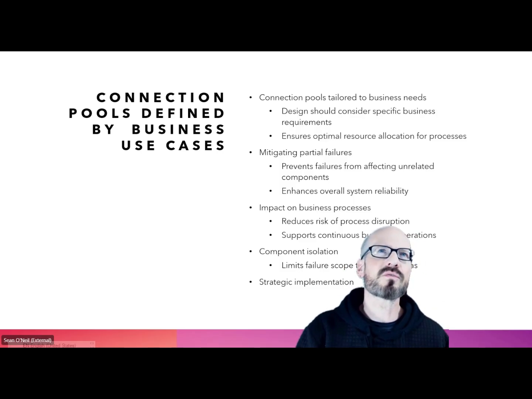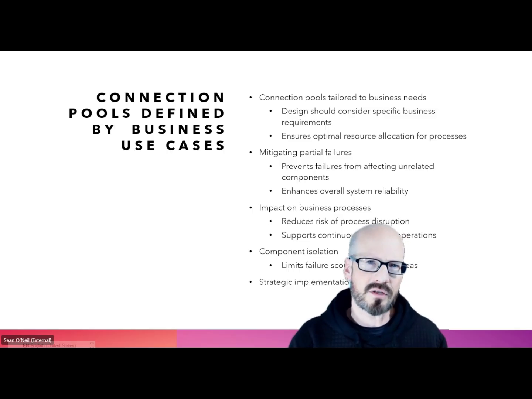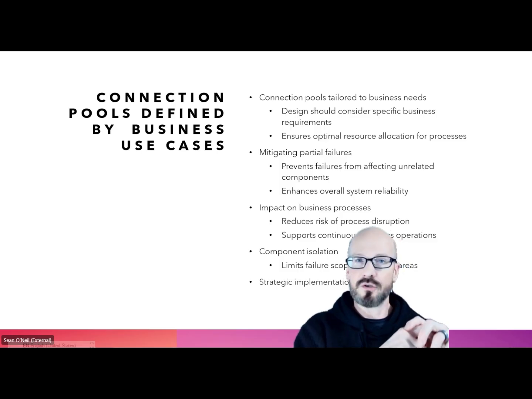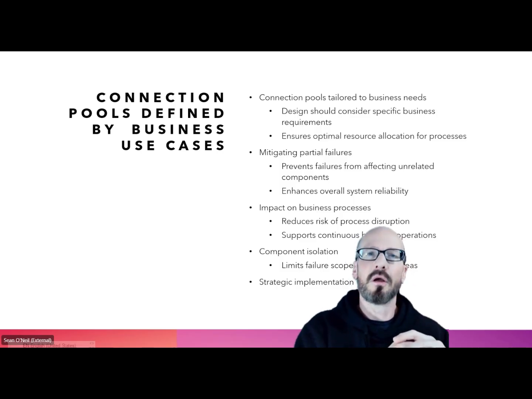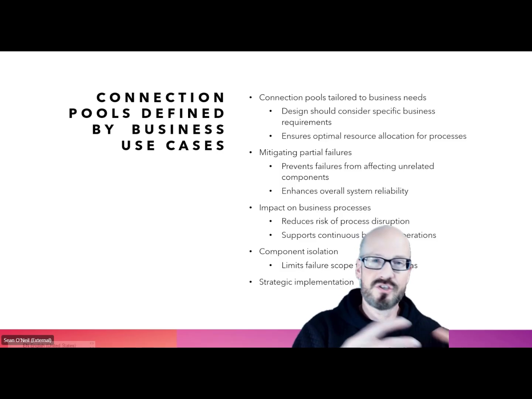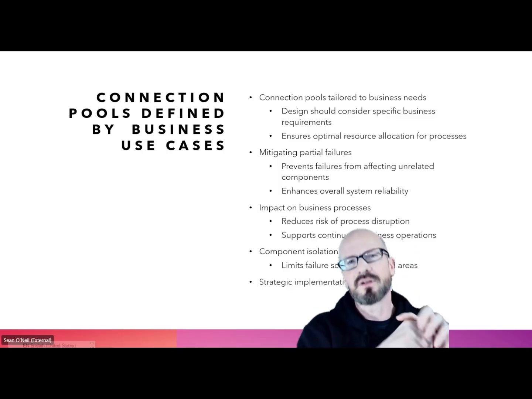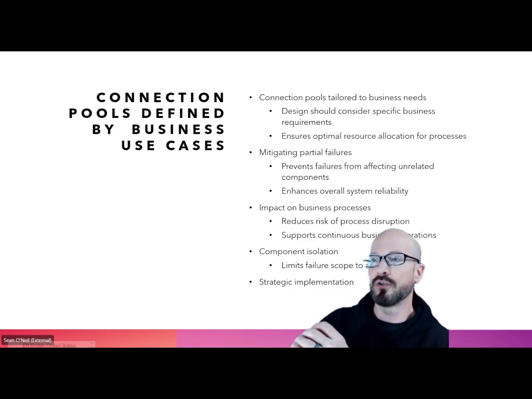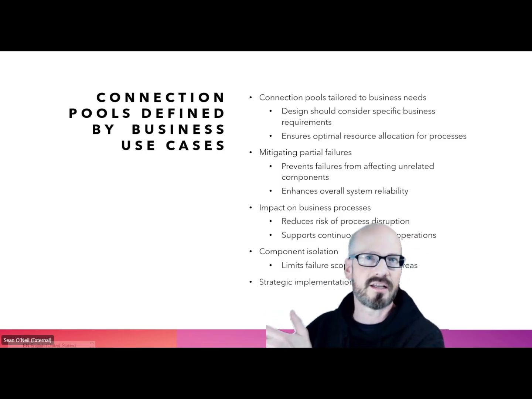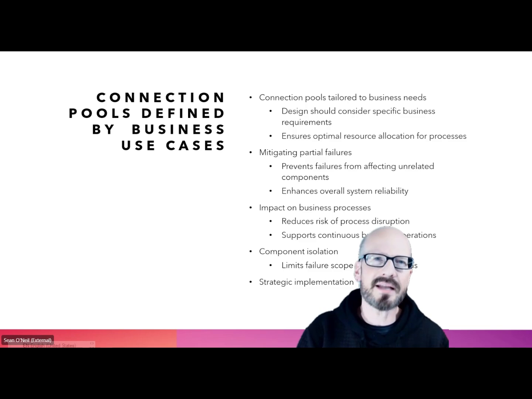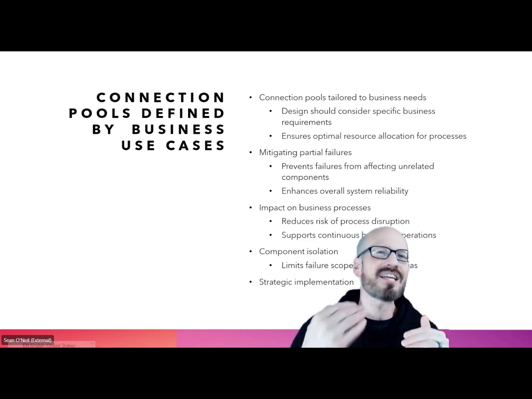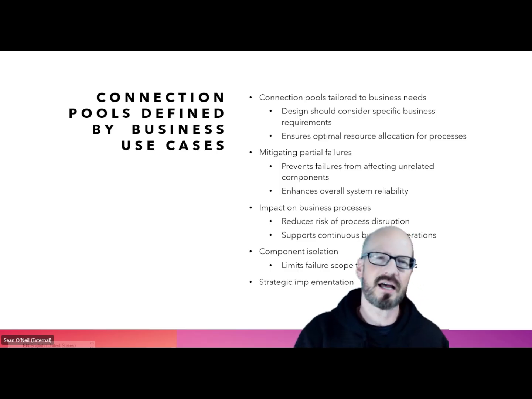If we only think of those connection pools from a technology standpoint, then I'm going to make a connection pool per connected system. For example, the connection pool to my Oracle database, the connection pool to my web services gateway. But I'm going to advocate to think additionally, not only about the technology side, but also about the business side.